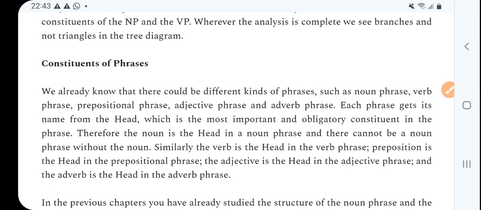Whenever the analysis is complete, we see branches and not triangles in a tree diagram.